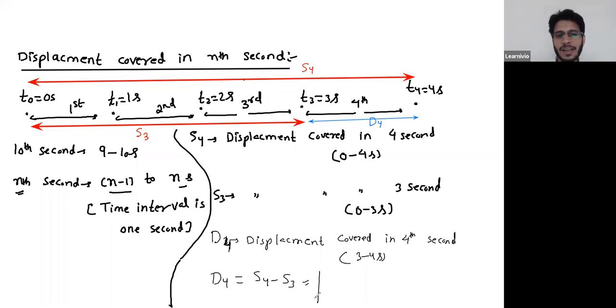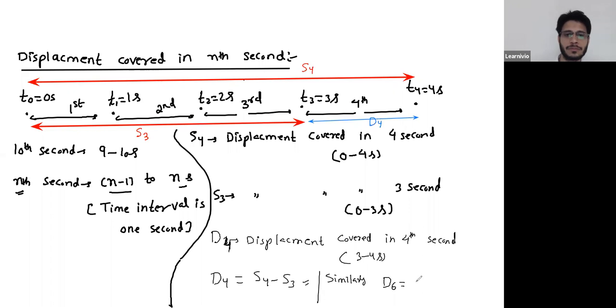So we can generalize this. If I'm asking you to calculate displacement covered in the fourth second, first calculate displacement covered in 4 seconds, then displacement covered in 3 seconds. Similarly, if I ask you to calculate displacement covered in the sixth second, how would you calculate it?